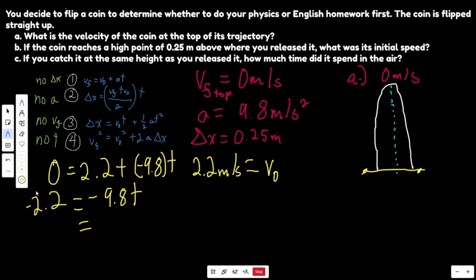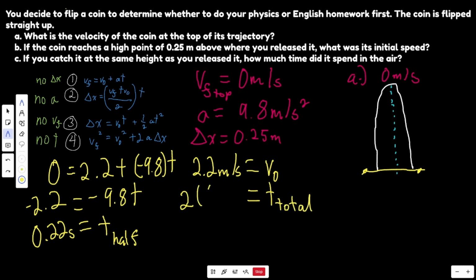But since we only have 2 significant figures here, that's 0.22 seconds. So that's half of our time. So our total time is just this times 2. Our total time is equal to 2 times 0.22. That's 0.44 seconds.